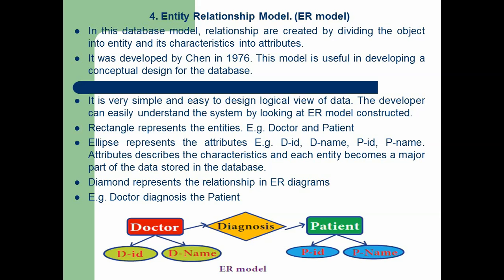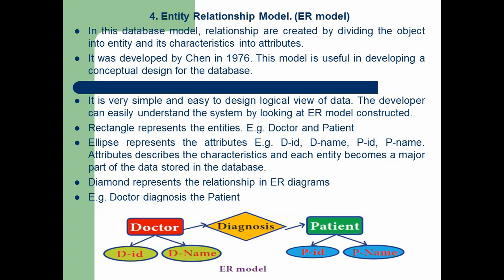Here, the rectangle represents entities, the ellipse represents attributes, and the diamond symbol represents the relationship. The rectangle is the symbol which shows the name of the table, the ellipse shows the name of the keys or attributes or columns, and the diamond is the symbol used for the relationship.